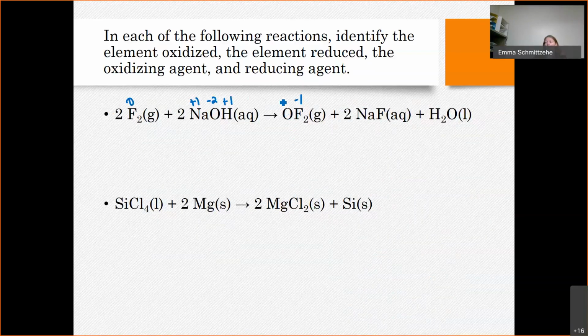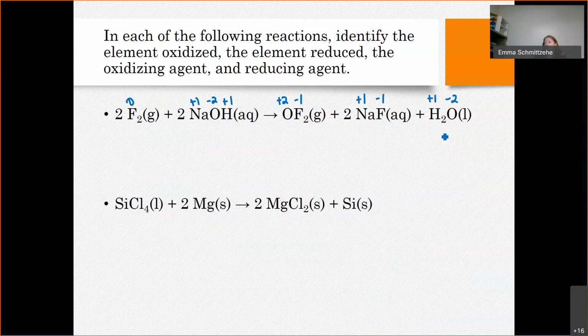In this case, that forces the oxygen to be +2 if you make sure that sums to 0. And then I have +1 for sodium because it's group 1 in a compound, -1 for fluorine because it's in a compound, +1 for hydrogen because it's with a nonmetal, and -2 for oxygen because this is a pretty standard compound.